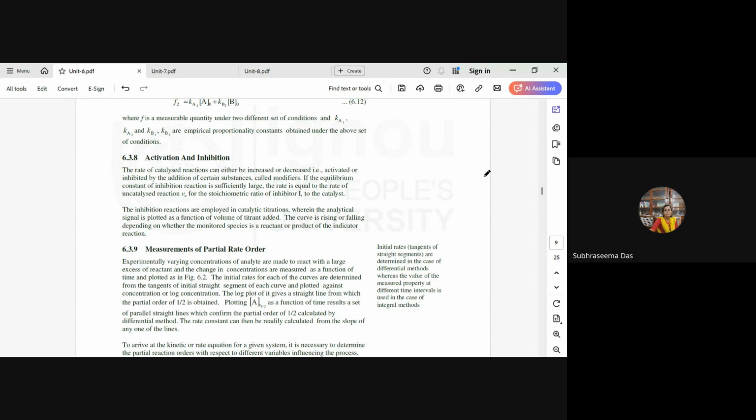When we add a catalyst, they are sometimes called modifiers. If the equilibrium constant of the inhibition reaction is sufficiently large, then the rate is equal to the rate of the uncatalyzed reaction. So here, when we look into the curve, we can know whether it is an activation reaction or an inhibition reaction.